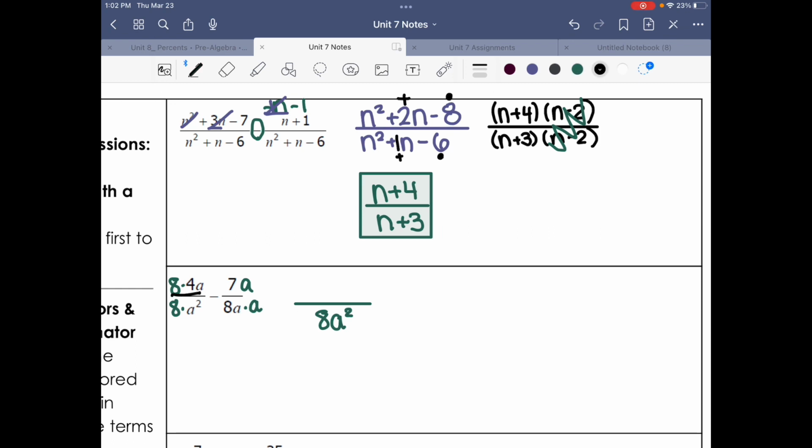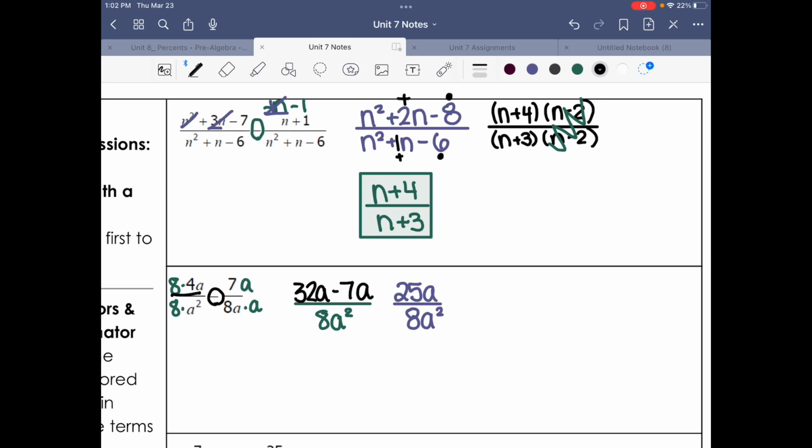So 8 times 4a is 32a. And then I'm subtracting the 7a from the other fraction. And 32 minus 7 is 25. So I have 25a over 8a squared.